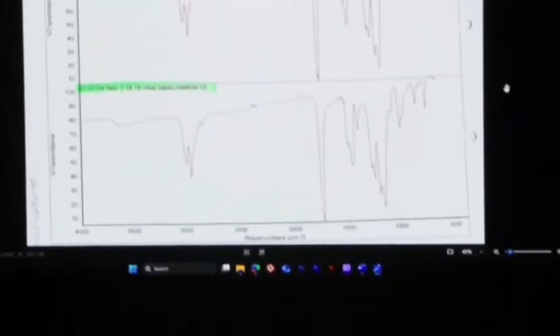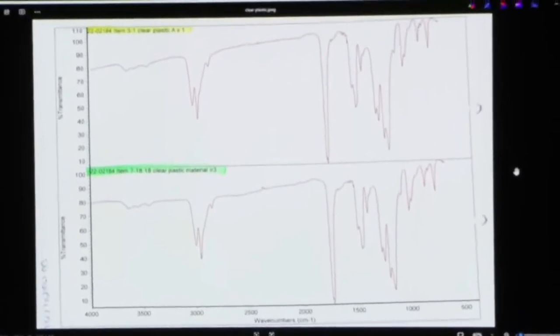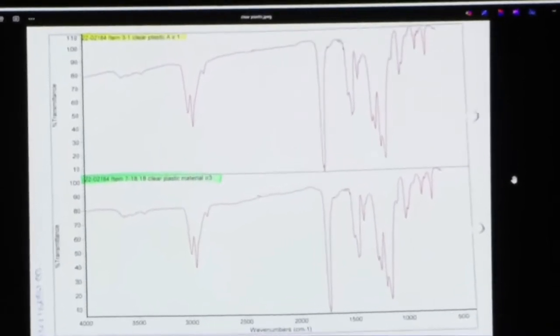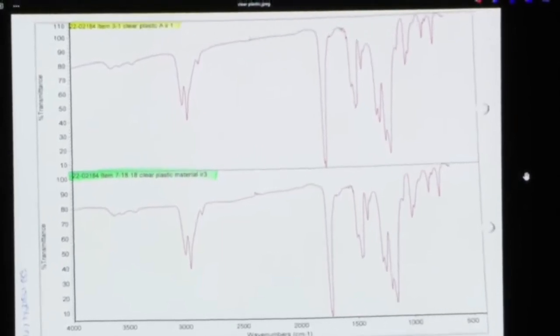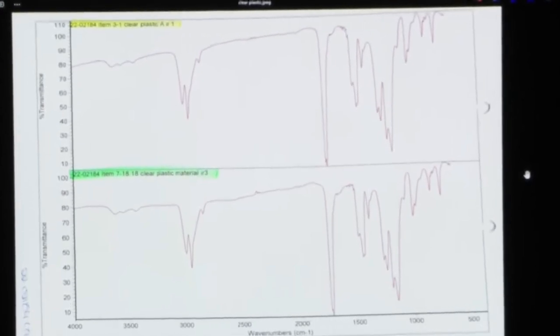Thank you. Your Honor, may I publish, and I'm sorry, I forgot already the exhibit numbers, but Ms. Gilman, if I could have the clear plastic. And Ms. Hanley, can you describe for the jury what we're looking at, what's up on the screen right now? Sure. So this is the FTIR comparison data of the clear plastic from item 3-1 and the clear plastic from item 7-18.18.